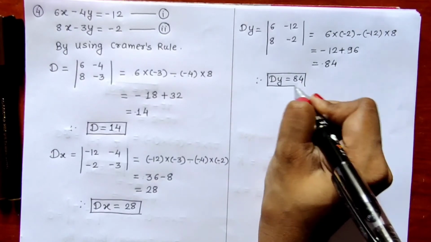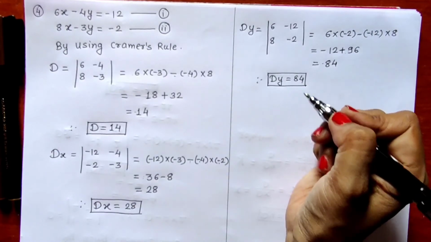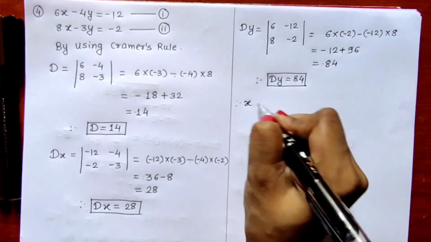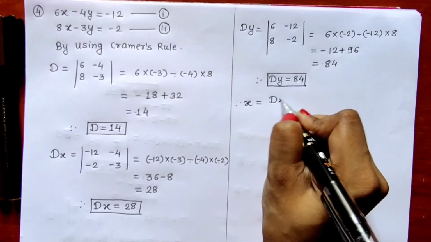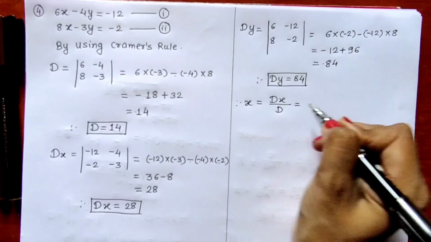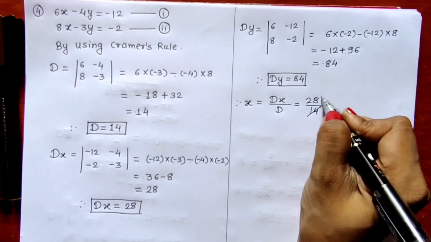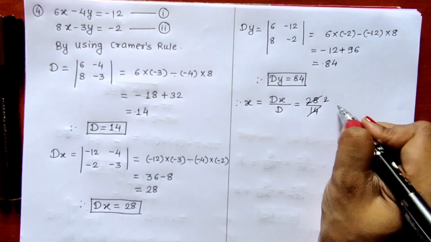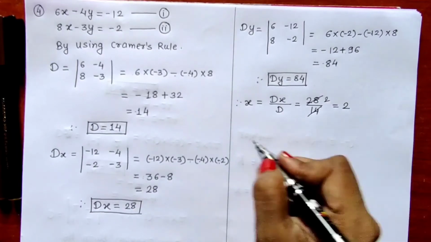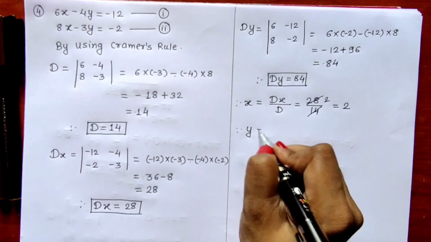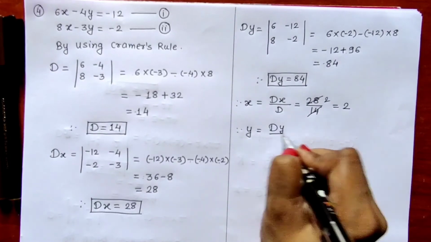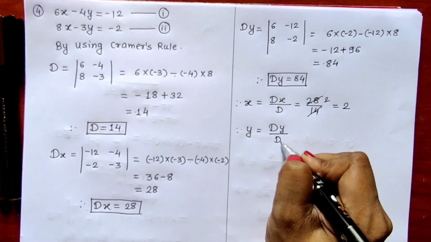So in this way we have got the values of d, dx and dy. Now write the values of x. Therefore x is equal to dx upon d. dx we have got 28, d is 14. 14 ones are 14, 14 twos are 28. So x we have got 2. Now y value is dy upon d. Always write this, y is equal to dy upon d.